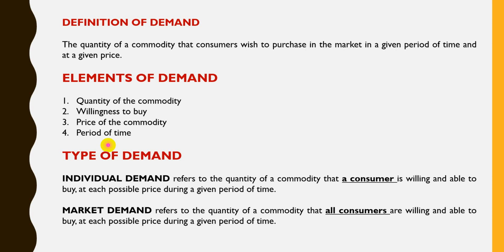Demand for woolen garments is more during winter, and demand for cotton clothes is more in summer. This time frame might be an hour, a day, a month, or a year. So demand varies according to the period of time. These are the four elements of demand.